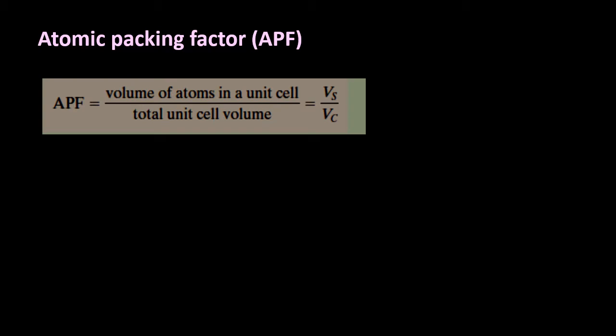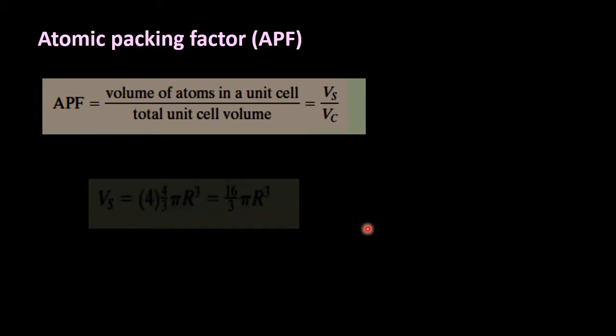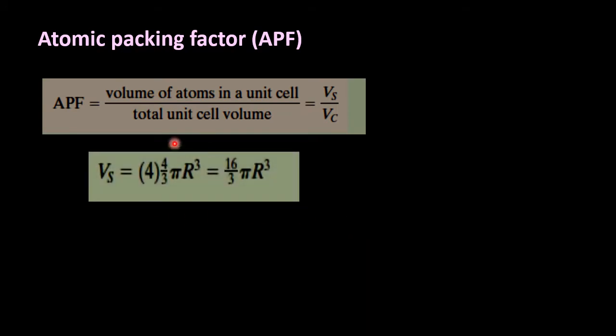So the atomic packing factor is equal to the volume of atoms in the unit cell divided by the total unit cell volume, that is Vs divided by Vc. For the FCC crystal structure, Vs is the volume of atoms in the unit cell.